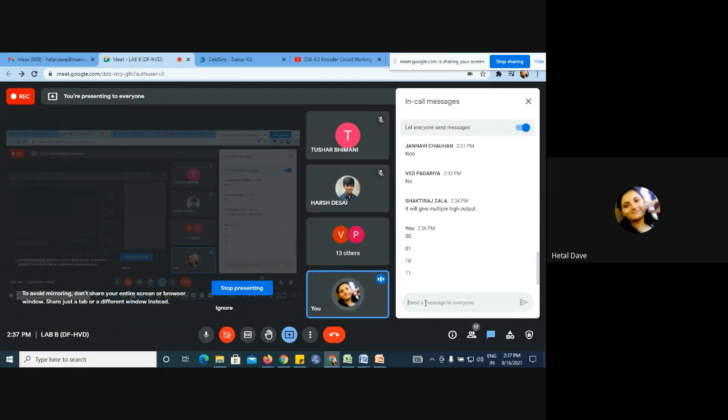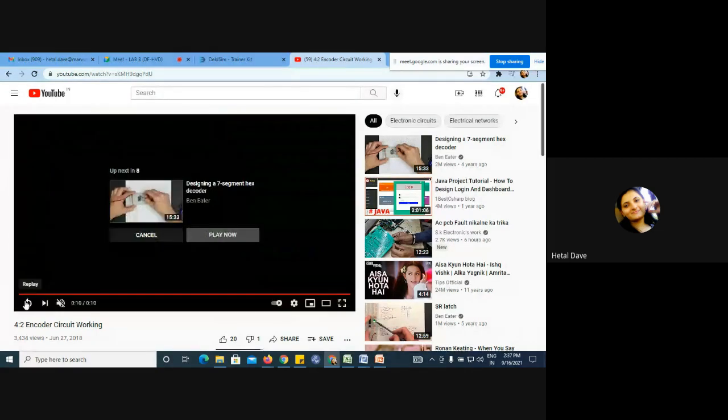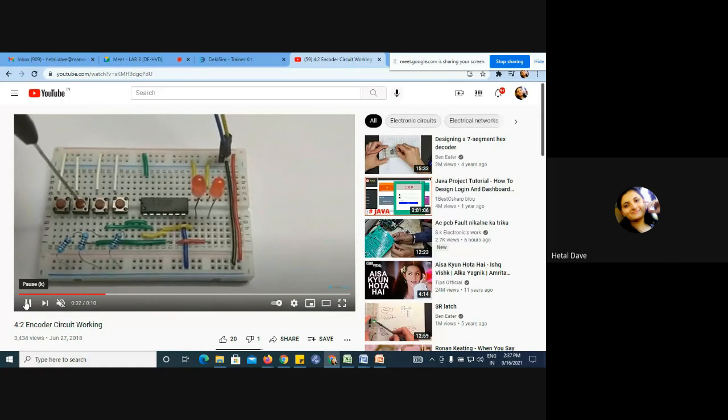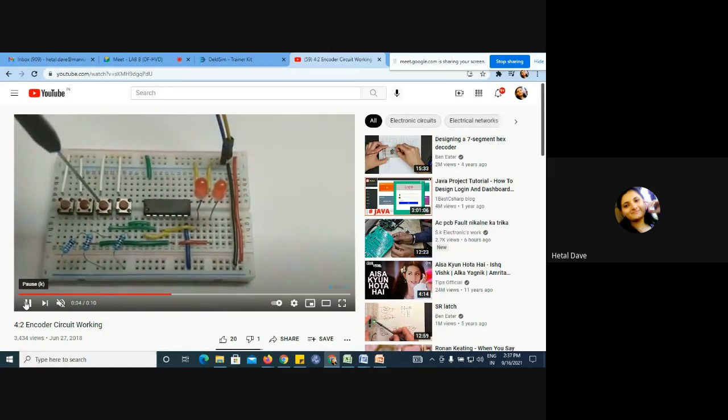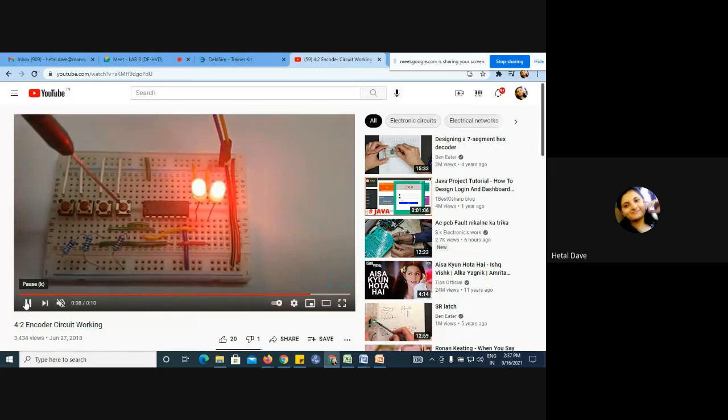Are you getting my point? Encoder is a kind of circuit that will give some coding. If my zeroth switch is pressed, then output 00. First switch pressed, output 01. Second switch pressed, 10. Third switch pressed, 11.